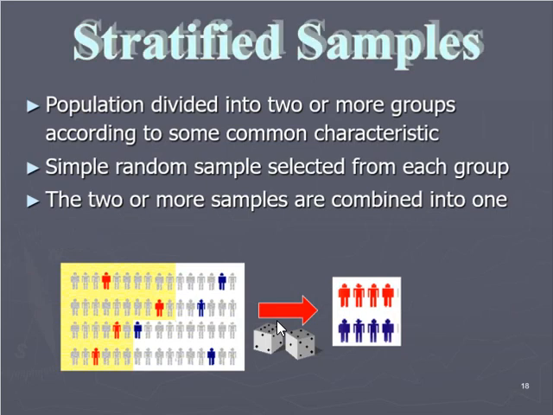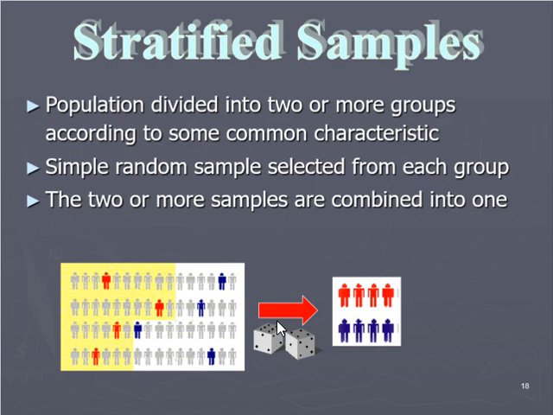First, the population is divided into groups according to some common characteristics. For example, you have the group of males and the group of females. Then you use simple random sampling to select from each group, and the two or more samples are combined into one.